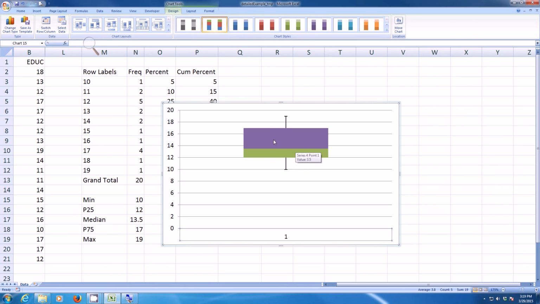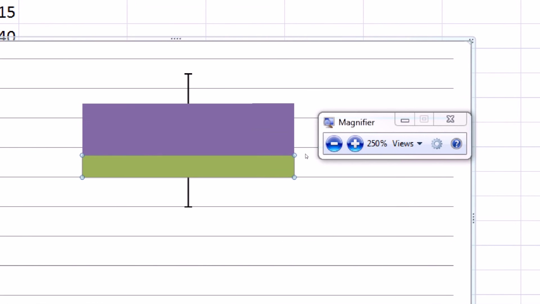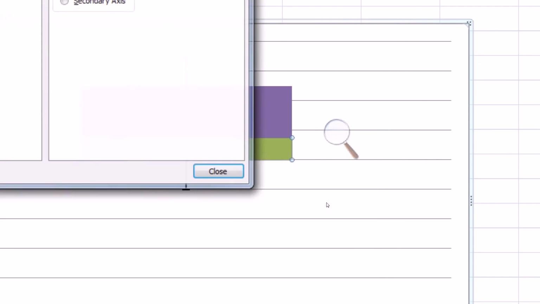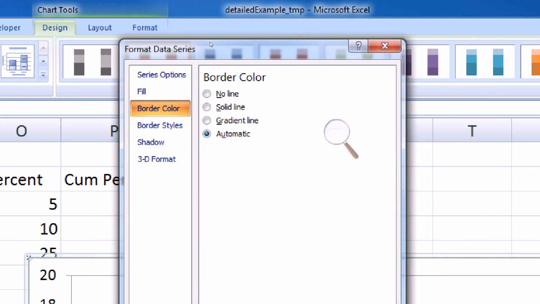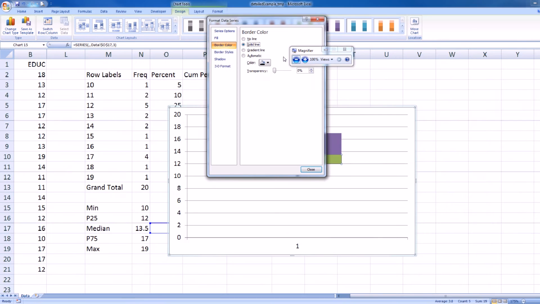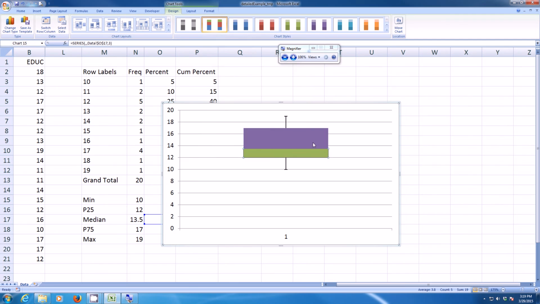And so one thing we could do is we can basically just change the colors here. And so if we click inside here, we can right-click it, and we can format data series. We can put a border around it. Let's use a solid line. We'll make it black. And then if we just click Close, that'll put a border around it.